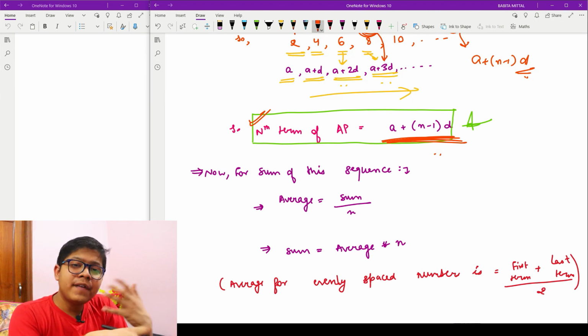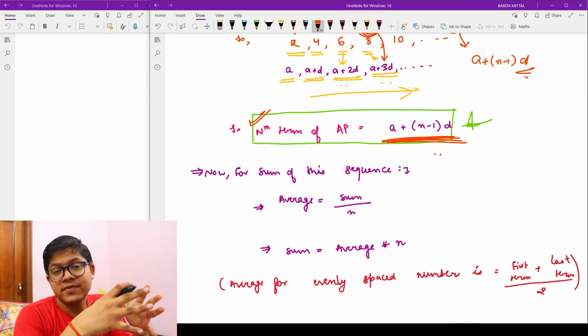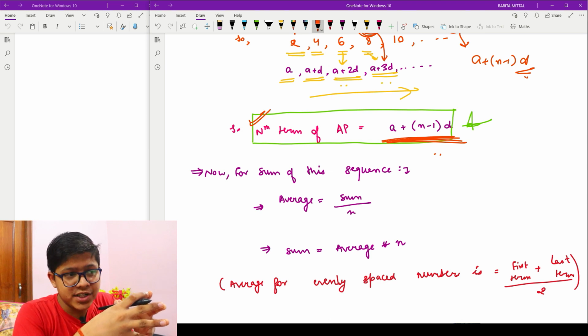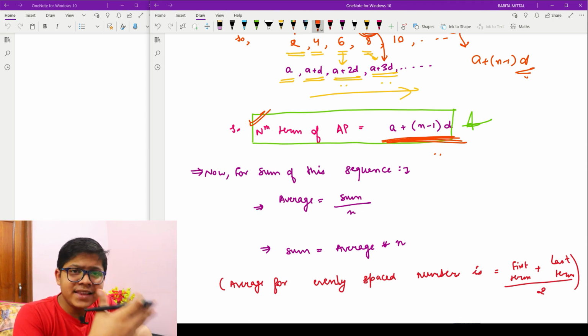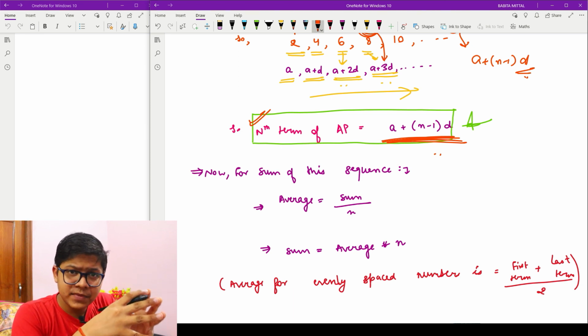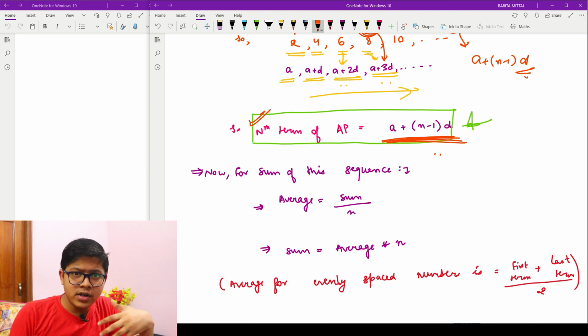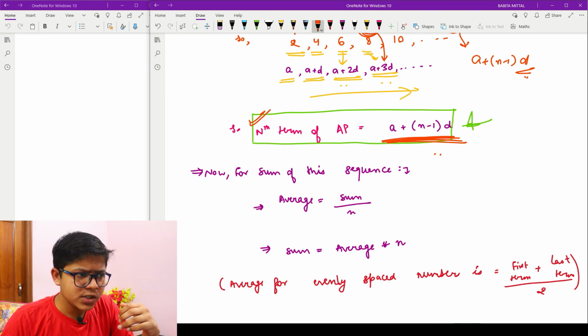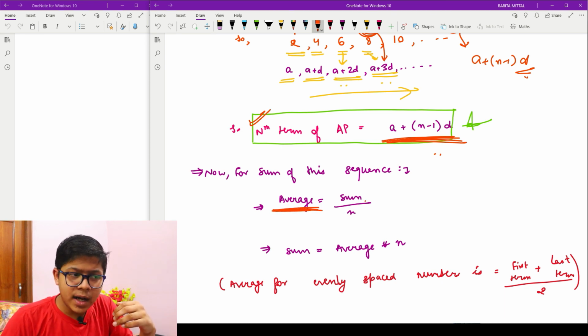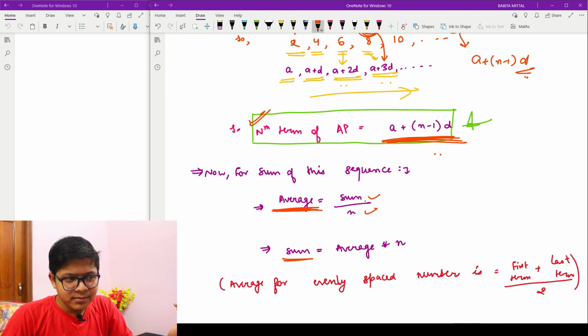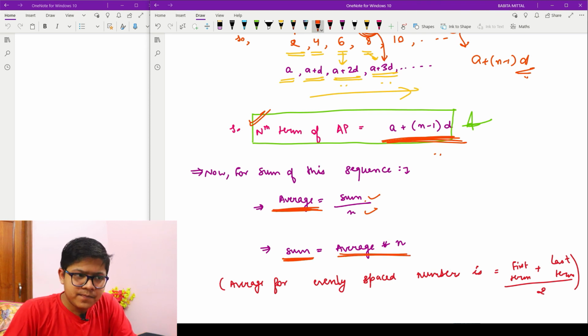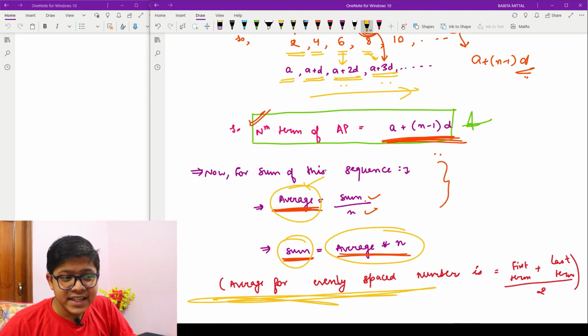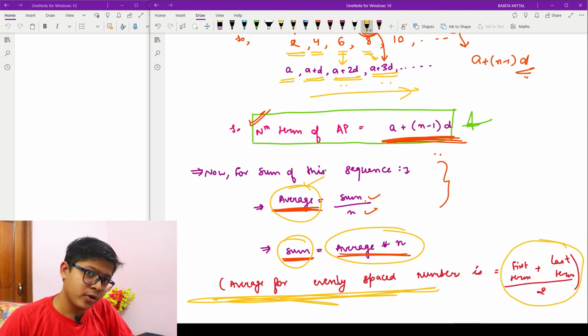Now we need to find the sum of this sequence, which means we need to find the sum of this arithmetic progression. To find the sum, I clearly know what my average is. My average is nothing but my sum upon the number of numbers. So my average is nothing but sum upon n, right? So my sum is nothing but average into n. Now for the average of evenly spaced numbers, it is nothing but first term plus last term upon 2.